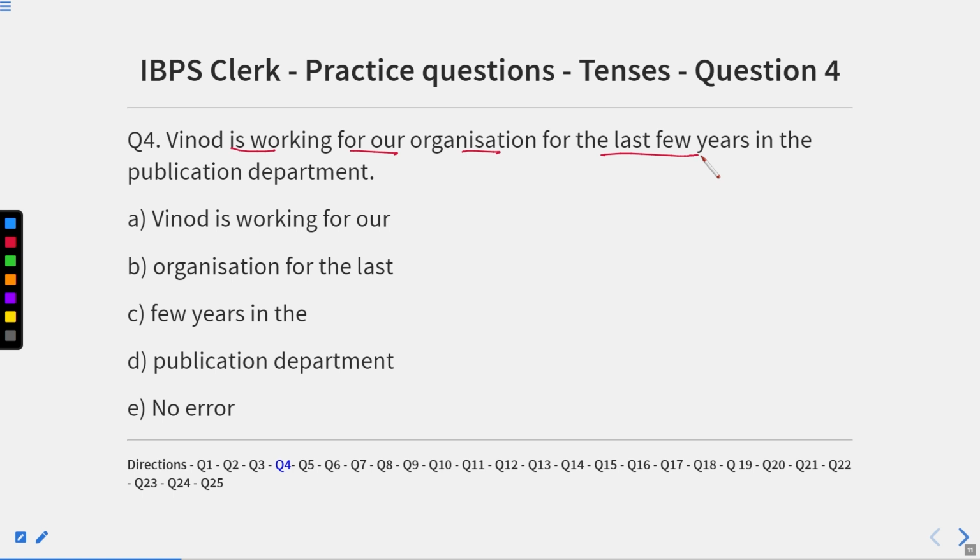It means the time has been mentioned over here, that this action is going on from the last few years. It means the action is going on from that particular time, or it means the tense that we have used over here is incorrect, because the action is not going on just right now. It is going on from the last some years.